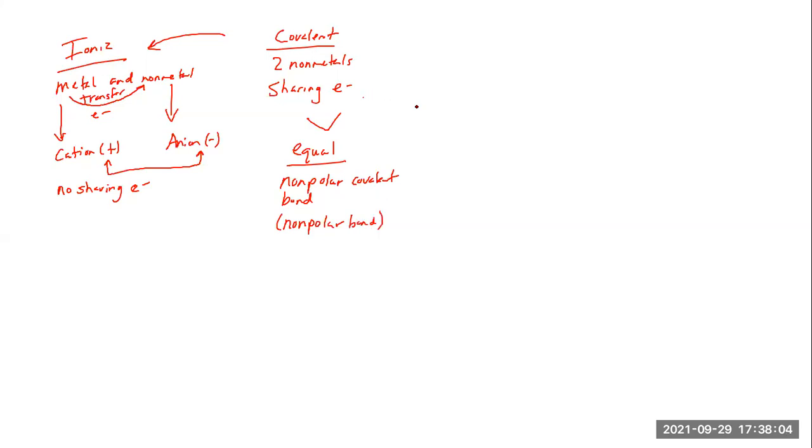Or we may have unequal sharing of electrons, and unequal sharing is a result of another type of covalent bond, which is referred to as a polar covalent bond. Again, in most cases, people just call this a polar bond.